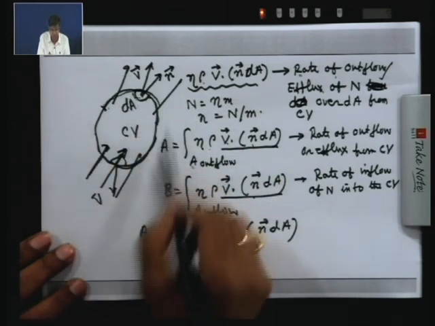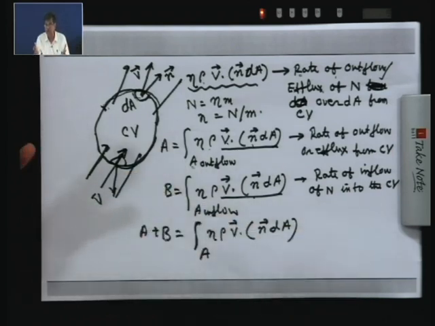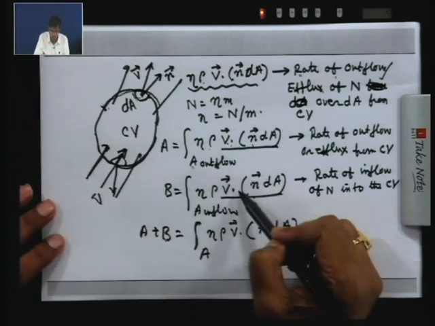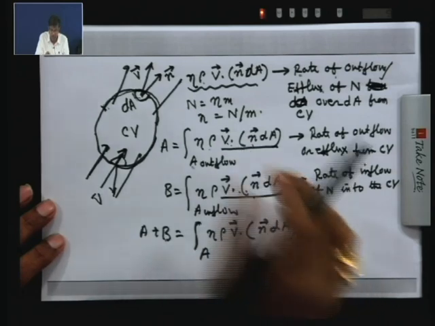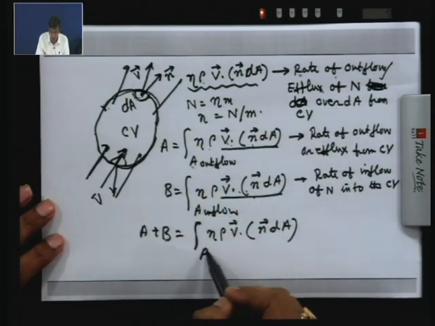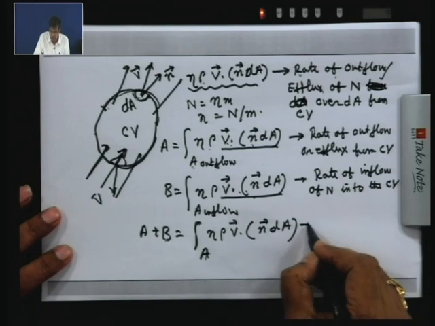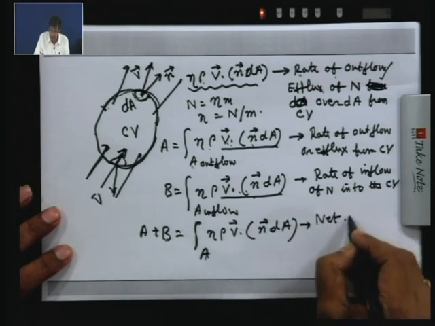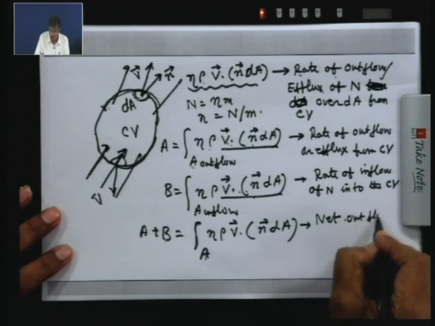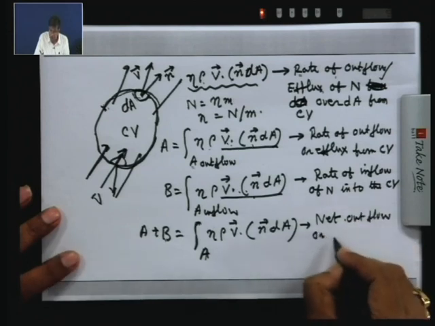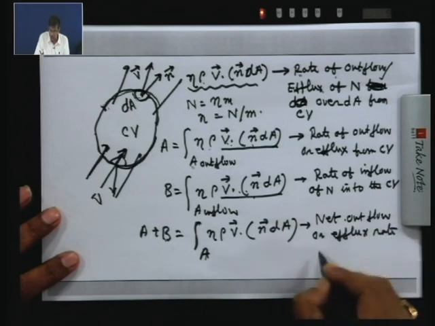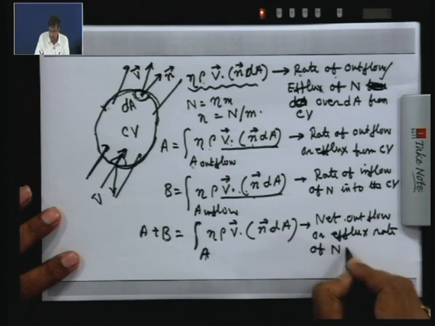There may be entire outflow, with no inflow to the control volume. There may be entire inflow, with no outflow. There may be both inflow and outflow, which will be automatically found out by the positive and negative values, and if we algebraically add this over the entire area, this will represent, which is very important, the net outflow or efflux rate of n from CV.